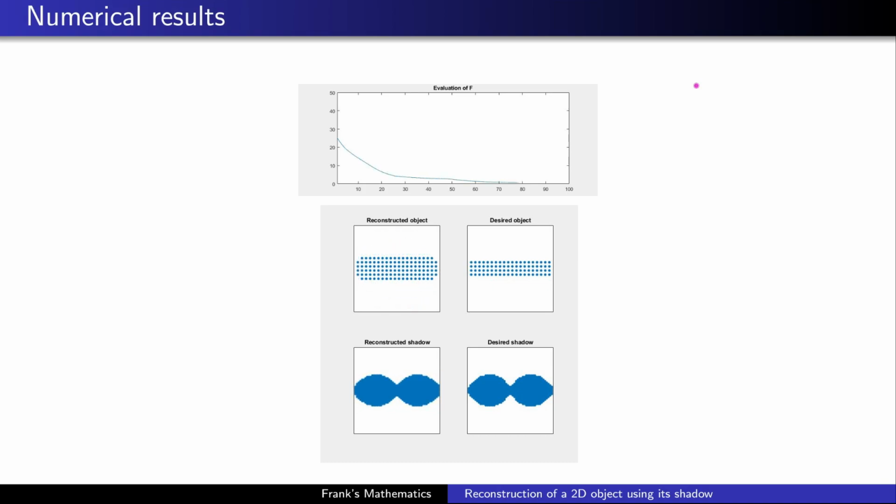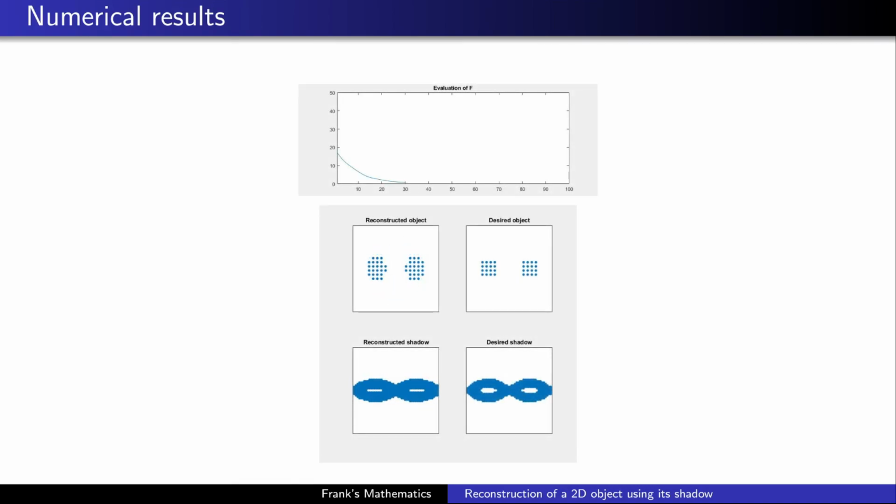As you can see, as expected, the function values of f are decreasing, while the reconstructed object is getting closer and closer to the desired object. Keep in mind that every element below 0.1 is set to 0 and is suppressed in this visualization. That's why I stated this will help us in the visualization. So for this example, this seems to be working out fine.